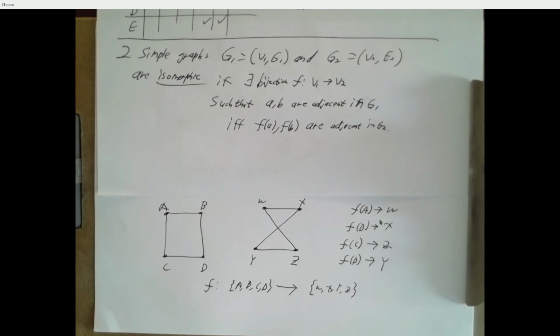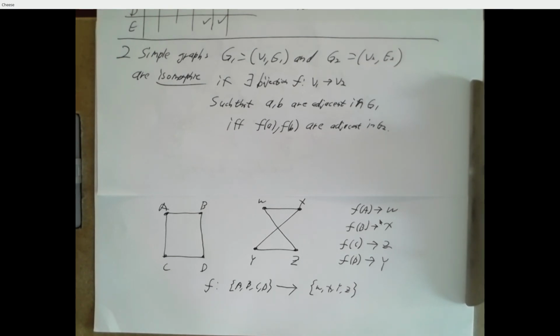If they have different numbers of edges, this condition can't be satisfied, so they're not isomorphic. If the set of degrees of each vertex is not the same, they can't be isomorphic, and you can prove that from this definition. So if this has vertices of degree 2, 3, and 5, and this has vertices of degree 2, 4, and 6, they can't be isomorphic.